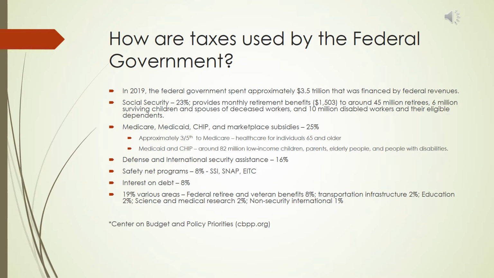Another 19% goes to various areas such as federal retiree and veteran benefits, transportation infrastructure, education, science and medical research, and non-security international. For more information, you can visit the Center on Budget and Policy Priorities, cbpp.org.